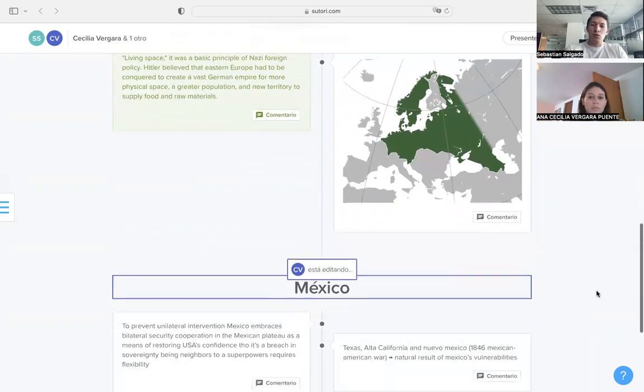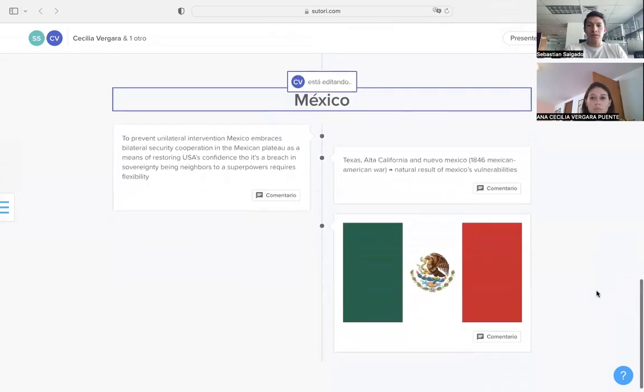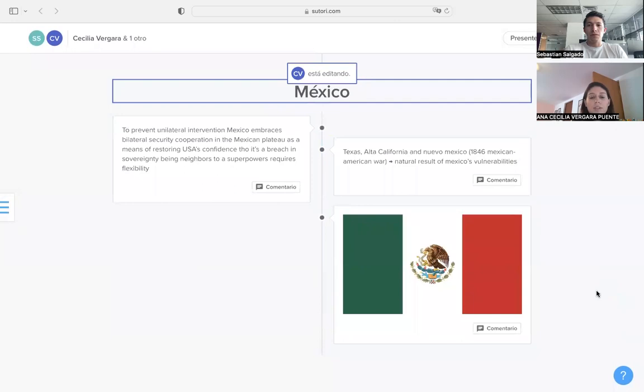Now we're moving to the part on Mexico. We're starting to mention a few general characteristics of Mexico. Mexico has 2 million square kilometers. Also, it's important to mention the frontiers.